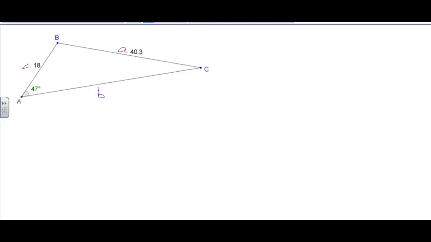So we can solve for angle C, right? That's actually all we can do right now. All we do right now is solve for angle C. Once we have angle C, we can then calculate angle B, because the three angles add up to 180, and when we have angle B, then we can calculate little b. And then we will have solved the triangle, right? Solving the triangle, all three sides, all three angles.